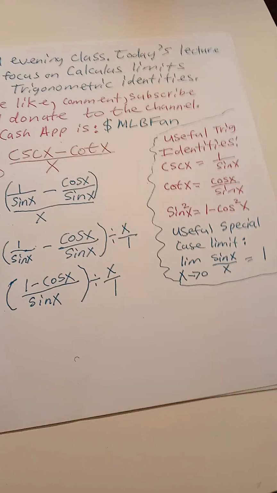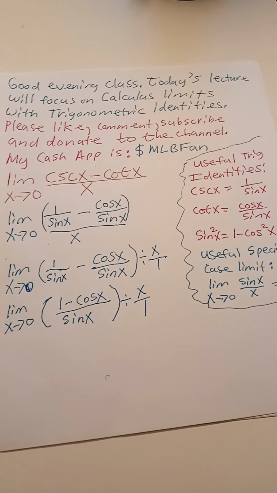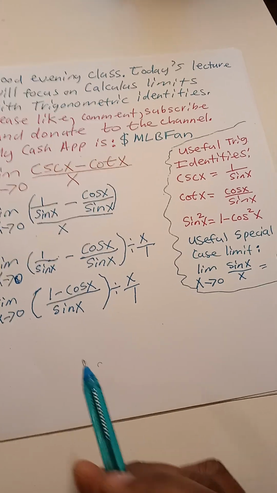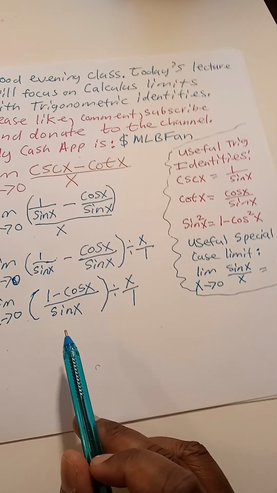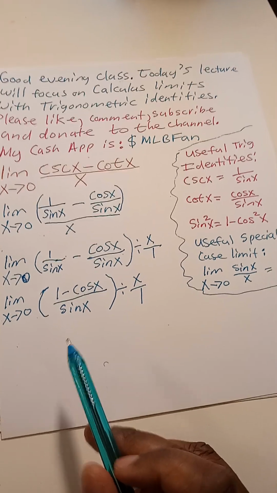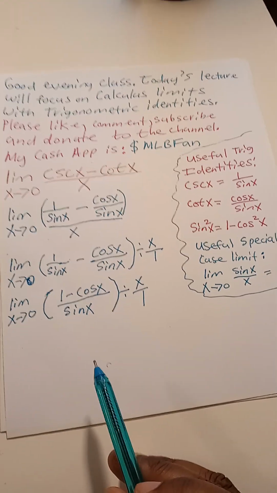So now that we have that together, on the left part, we're going to have to rationalize the numerator to be able to simplify this.